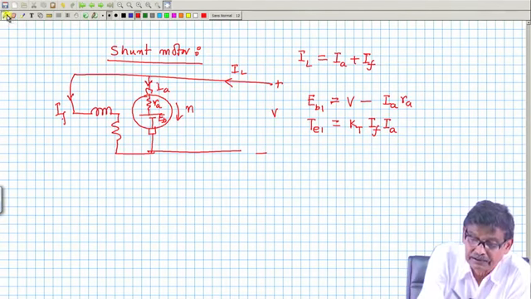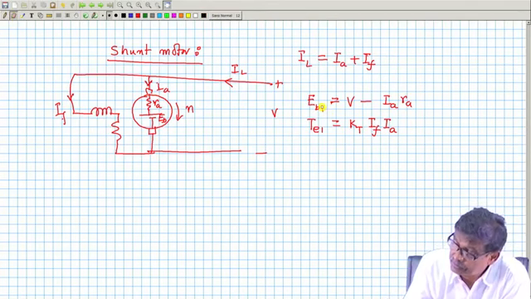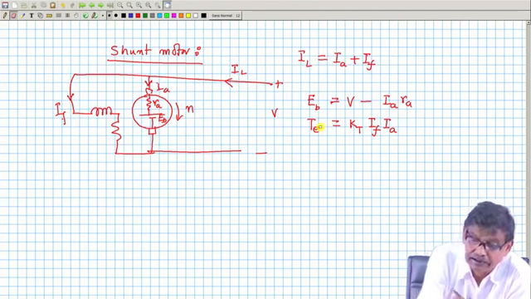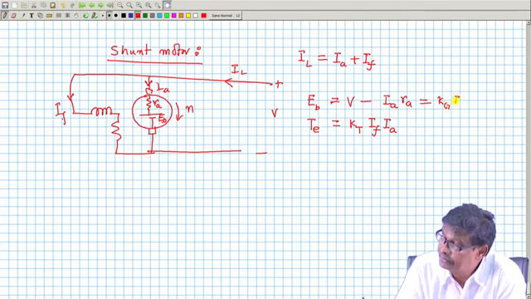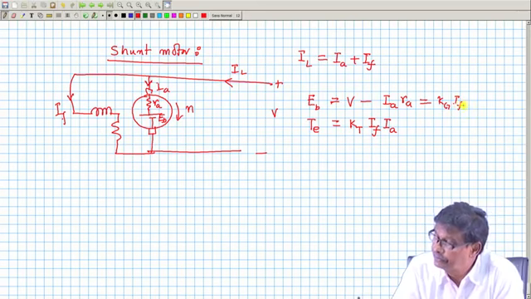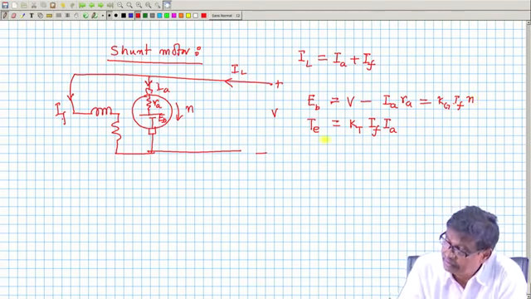Now, I know what it is, and this I will write as some kg into IF into N, and this one is equal to your load torque.